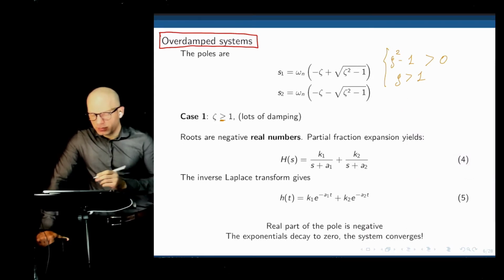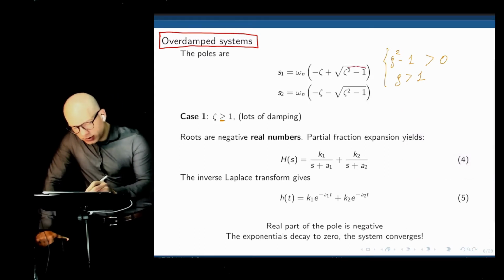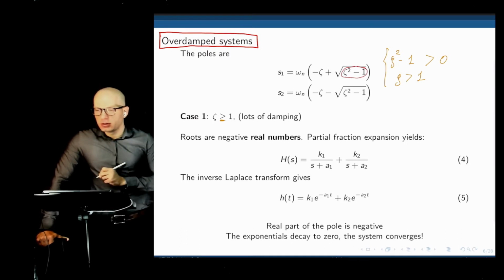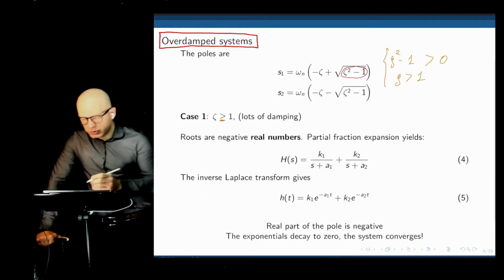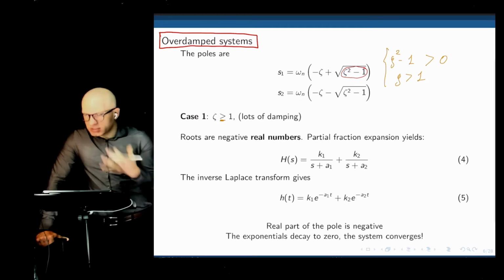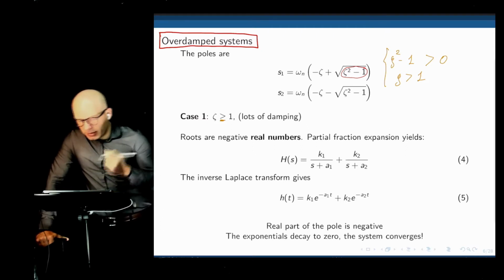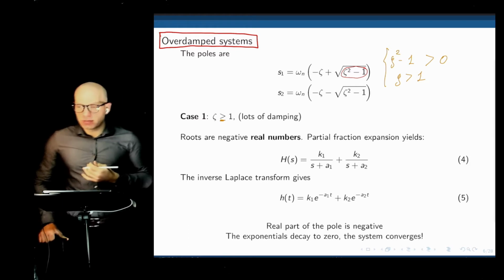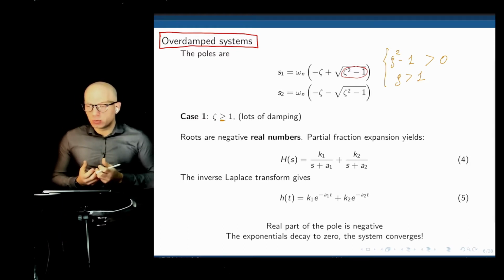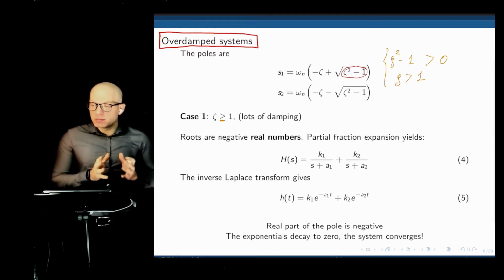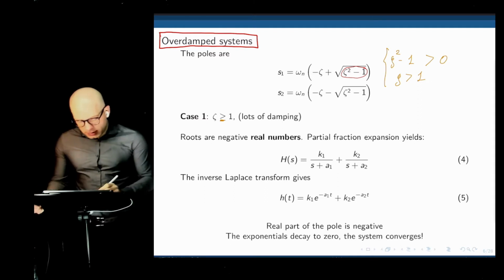Which means that the result here is a positive number. And if the positive number is inside of the square root, then we end up with two real roots. But in this case, because the system has a damping ratio of greater than 1, the roots will always be a negative number, meaning that a1 and a2 will be always greater than 0.